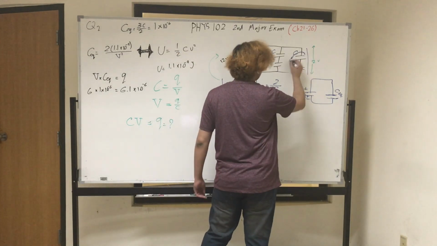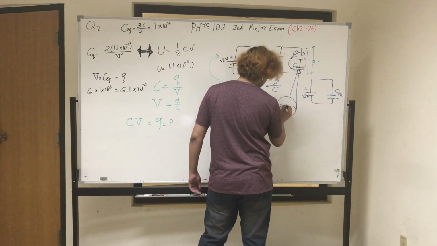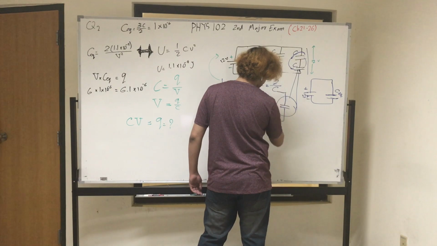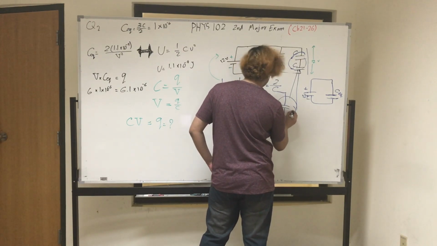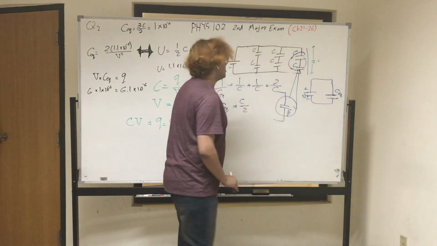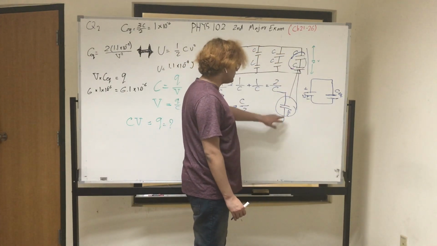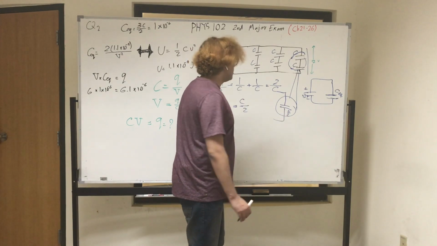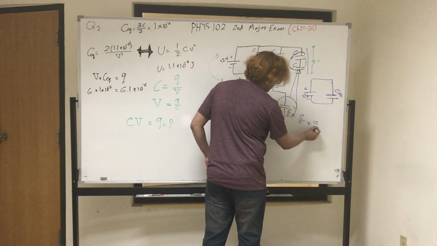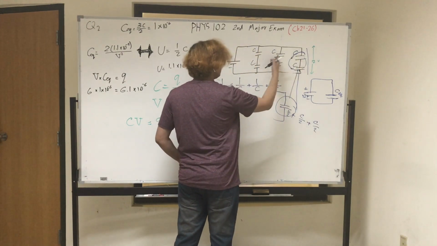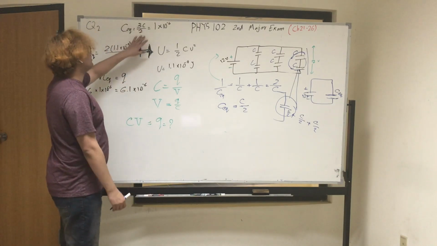So these two are basically something like this, and this has a capacitance of C over 2. We have 3 couples, and each couple has a C over 2 capacitance. So we add C over 2 plus C over 2 plus C over 2, and you're going to have 3C over 2.